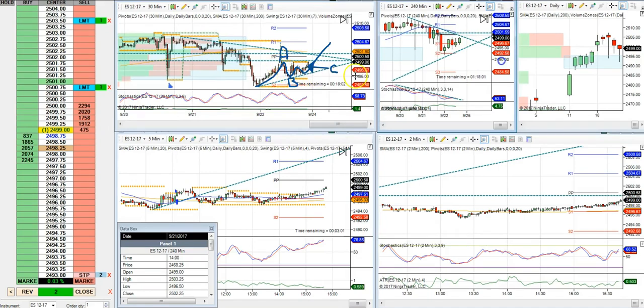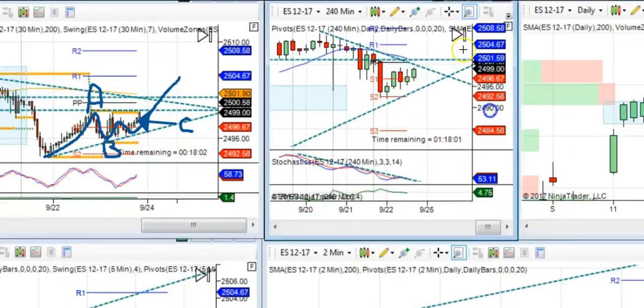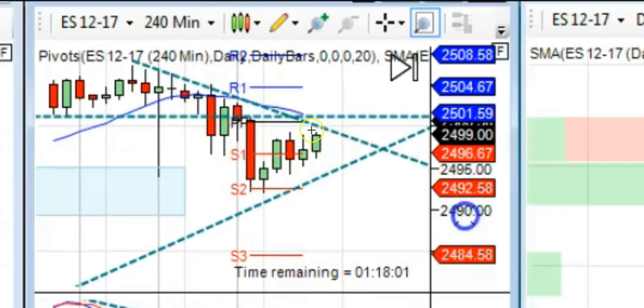Now this ABC pattern, I'm looking at the 4-hour chart and I'm seeing that we can possibly break above or test this pivot. That was my first target. And then my second target was before 24.0467.